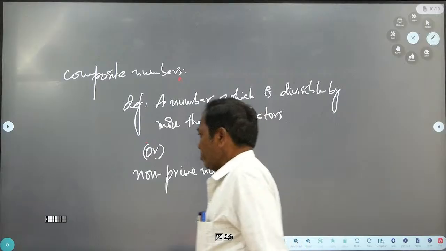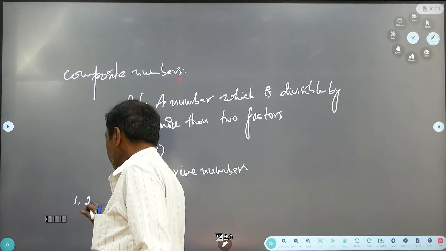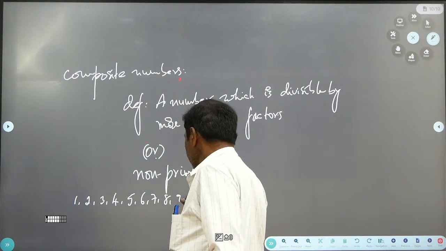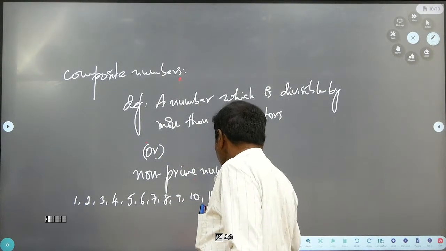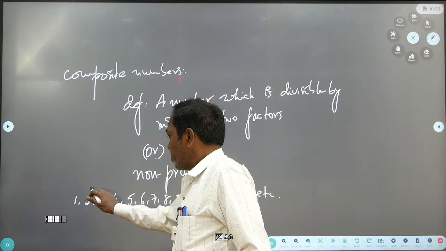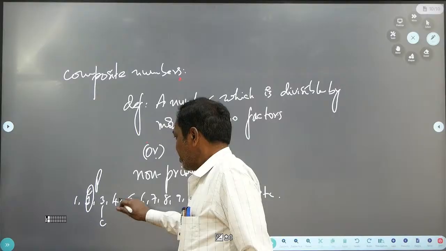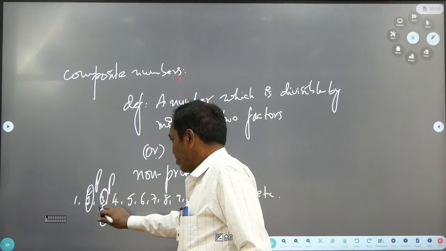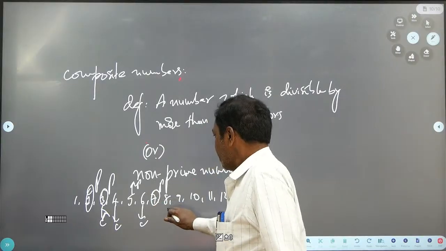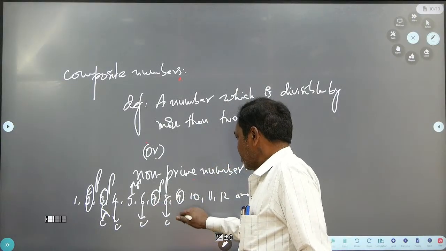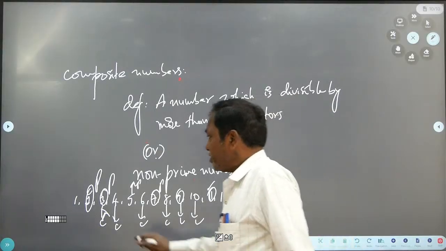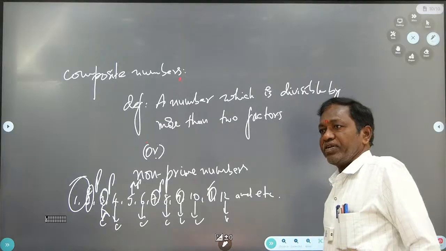If you write numbers 1, 2, 3, 4, 5, 6, 7, 8, 9, 10, 11, 12, and so on, you can see this is a prime number, this is a composite number, prime, composite, prime, composite, like that, except in the case of 1.